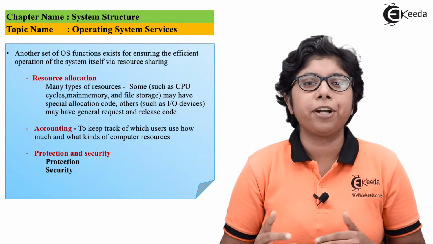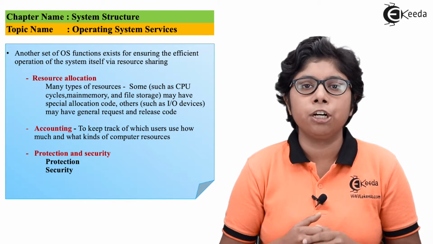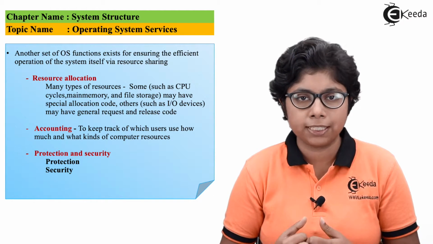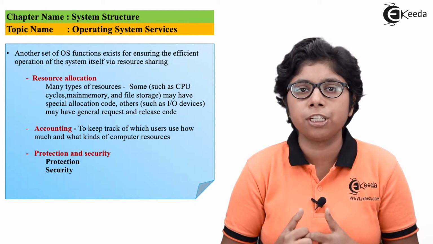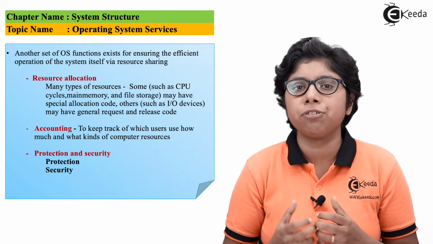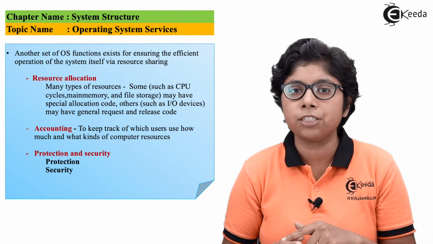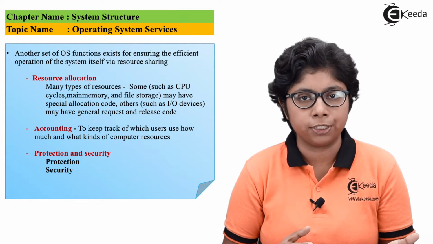The next one is protection and security. When the users are using a multiuser and networked computer system, the owner of that information must want to control the use of that information. If several processes are running concurrently, it should not be possible for one process to monitor the other process or the communication of the other process.